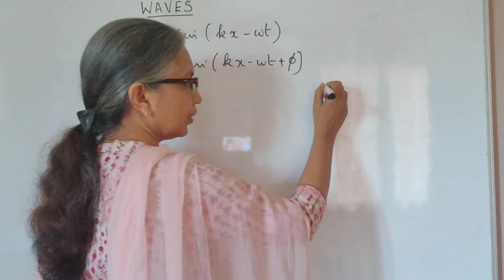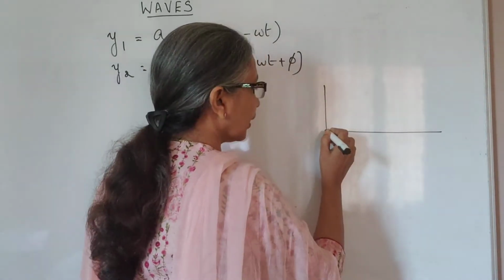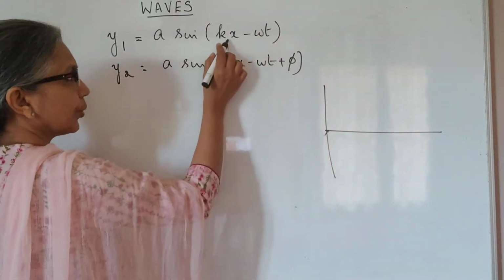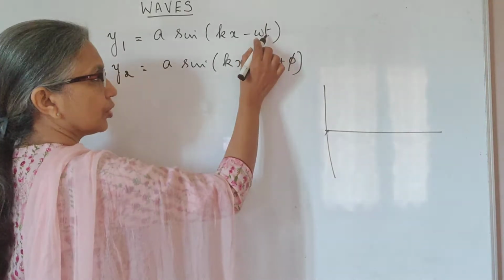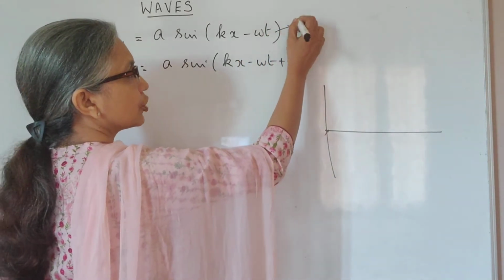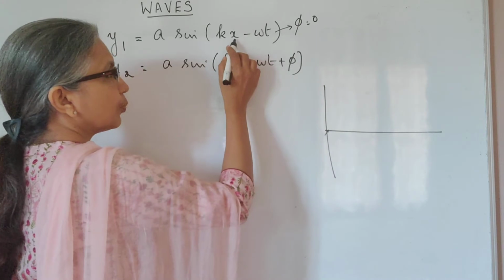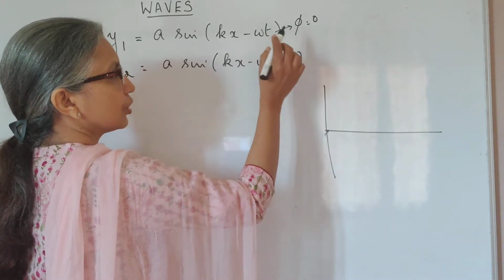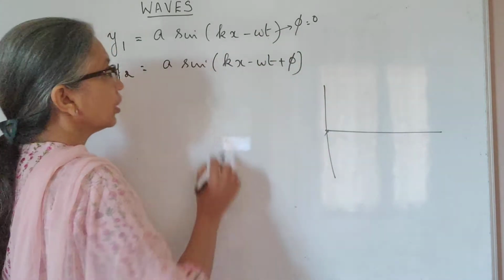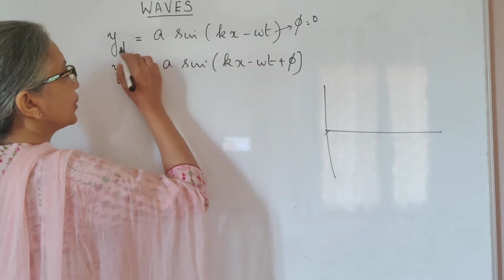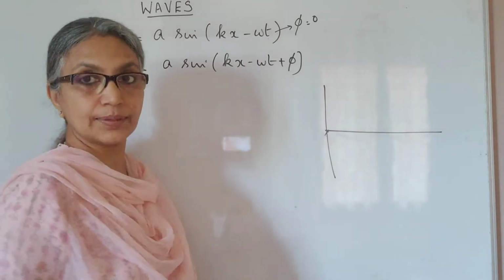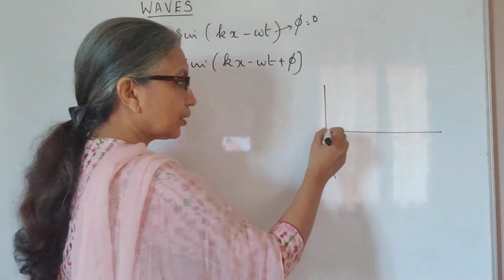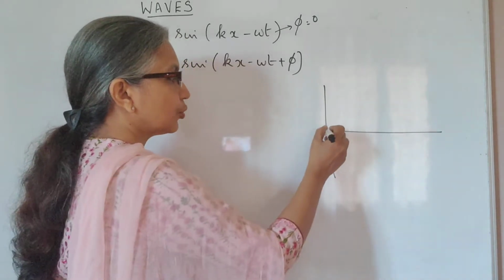For example, suppose you take a particle at the origin, so x is 0, and at time t equal to 0. Here in this case the initial phase is 0. So if you put x equal to 0, t equal to 0 and φ equal to 0, we have sin 0, which means the displacement produced at time t equal to 0 on a particle at the origin is going to be 0.